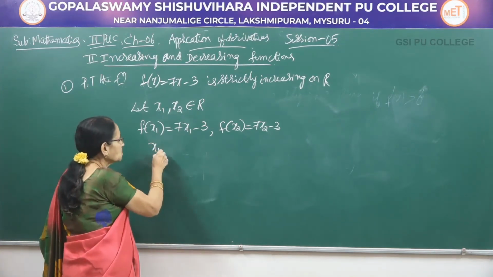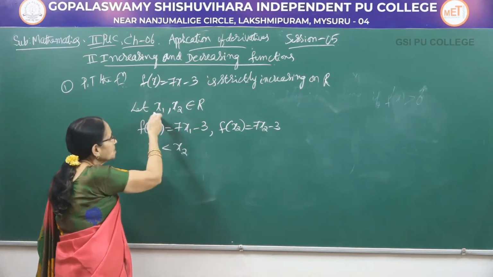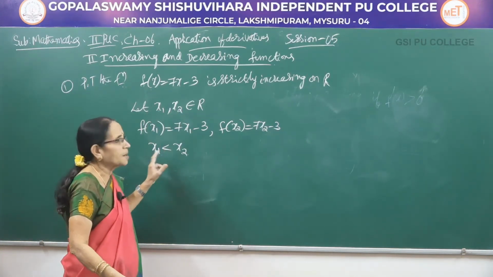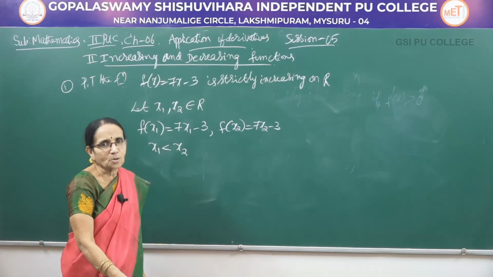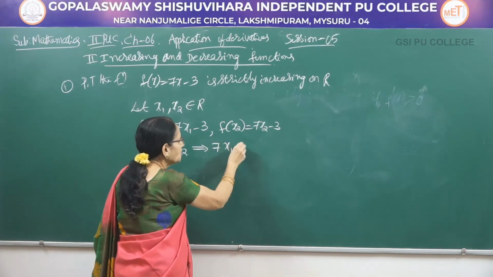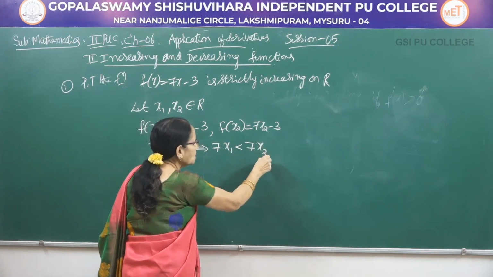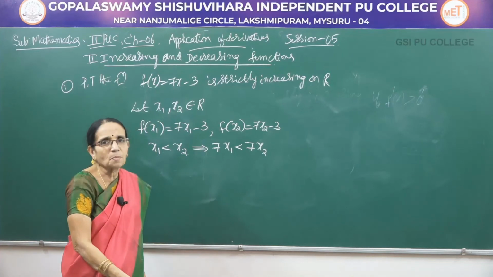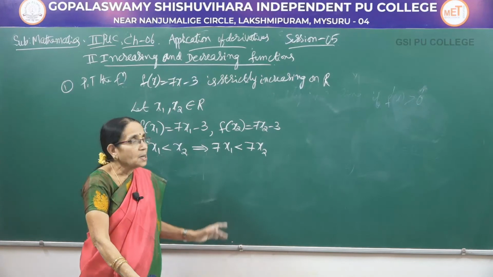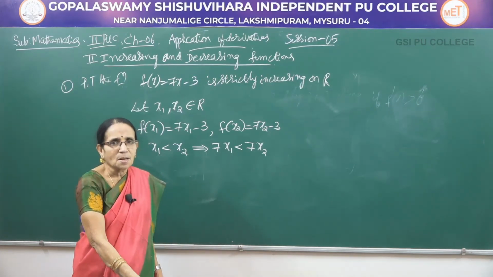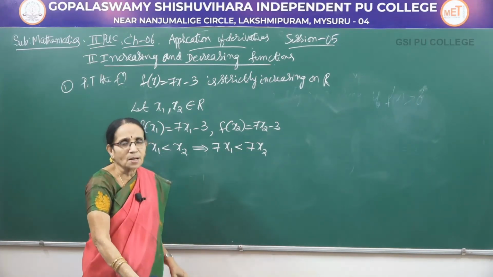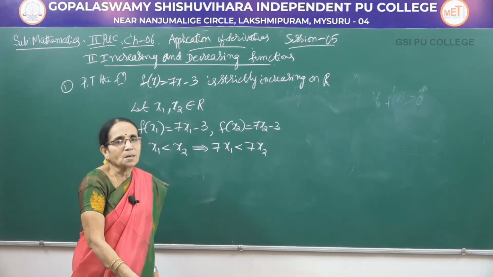Now x1 less than x2. See, out of these two, one will be smaller than the other one, isn't it? Now start like this, x1 less than x2. What does it imply? You can write 7x1 less than 7x2. I hope you remember, in first year PUC we have taught you about inequalities, isn't it? In that, the same number I am multiplying on both sides of the inequality, the inequality remains the same.